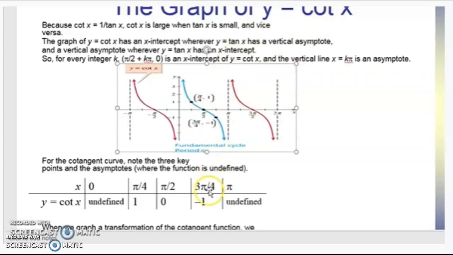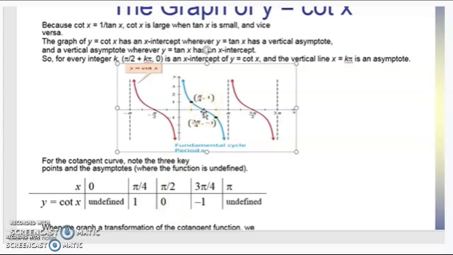And that third point being 3 pi over 4 as an x value paired with y equals -1. So like the tangent function, we see our vertex at pi by 2, 0.